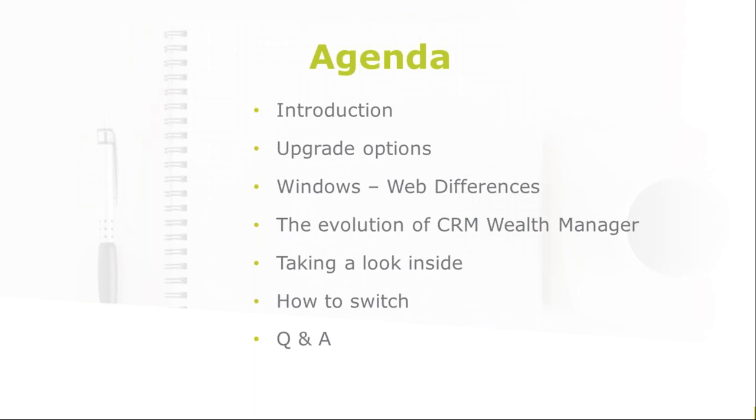I'm going to talk about the differences between the Windows and the web product in general. I'm also going to talk about the evolution of the CRM Wealth Manager and go into quite a bit of detail into what makes the Wealth Management CRM a very particular product and one that's very suitable for all professionals that work in financial services. I've got a short couple slides on how to make the switch, and then I'm going to leave time at the end for questions and answers.